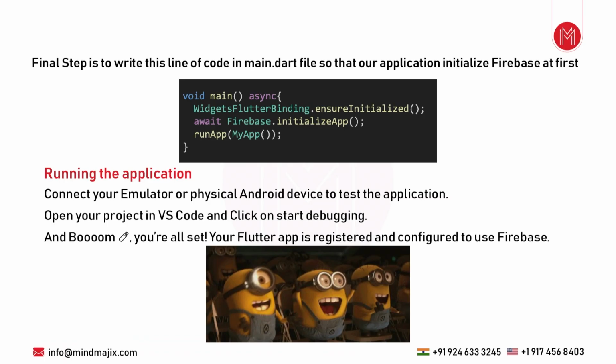Now that's it. The final step is to run the application. You can connect your emulator or physical Android device to test the application and just click on run and then start debugging. Your app is all set to go, and we will be creating the UIs required for the authentication app.